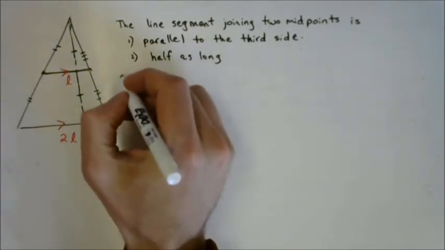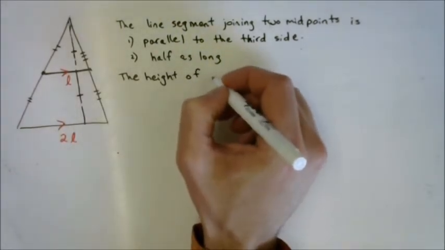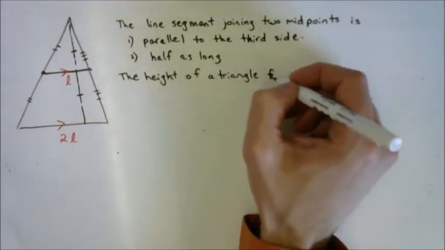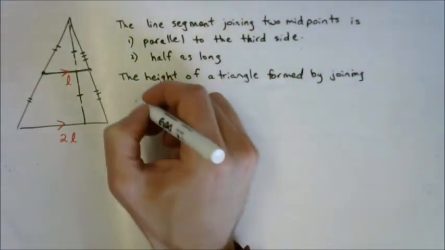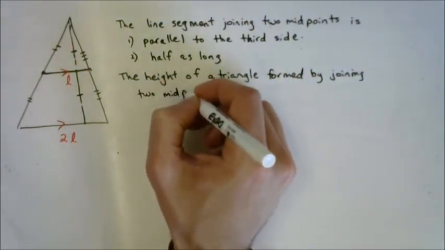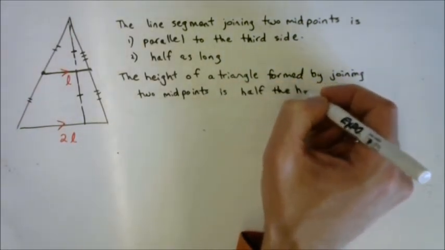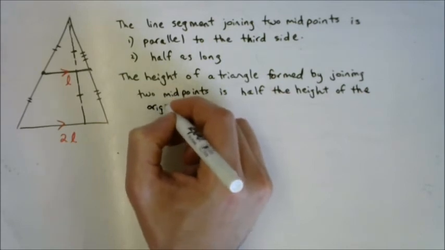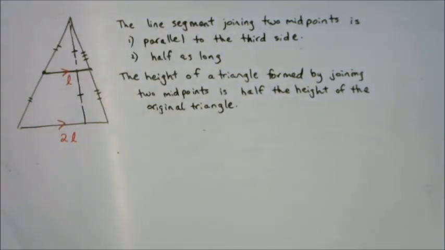Next, the height of a triangle formed by joining two midpoints is half the height of the original triangle.